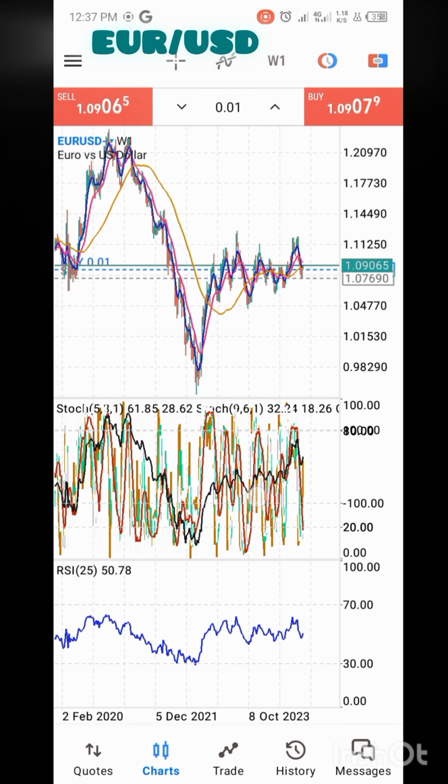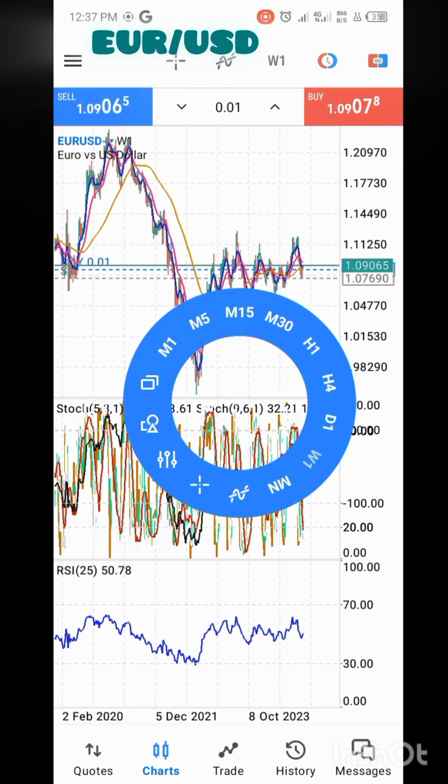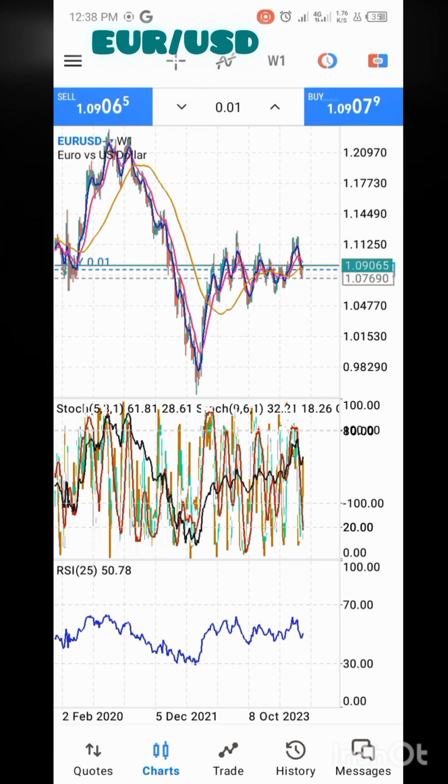Now you see there is actually what I'm saying here already. The weekly time frame. You see, when price got here, let's draw this and see. Let me place it here.